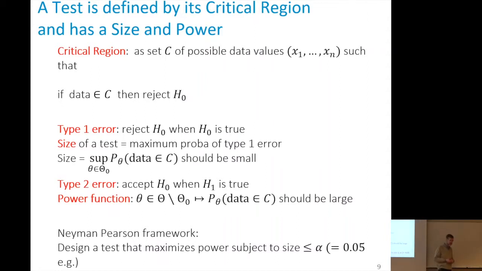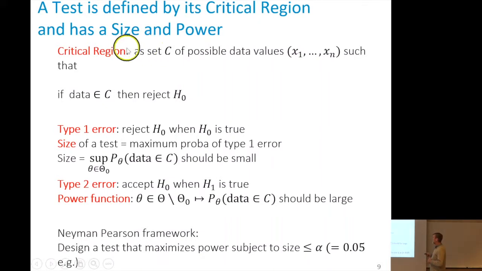Right now, let me introduce the language of tests. The main part of a test is a critical region. A test is something that takes as input the data, x1 to xn, and outputs a 0 or 1, a yes or no. Either we accept H0, or we reject H0, which implicitly means we accept H1.